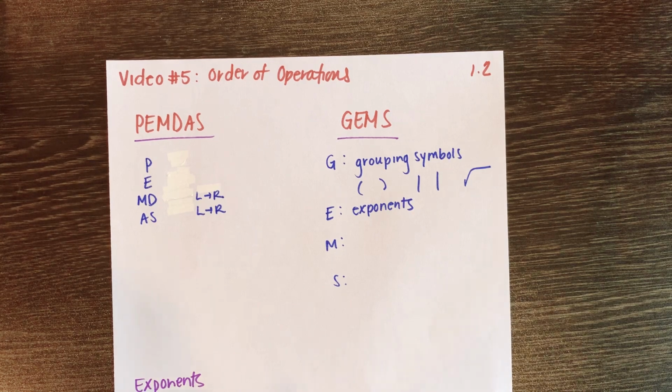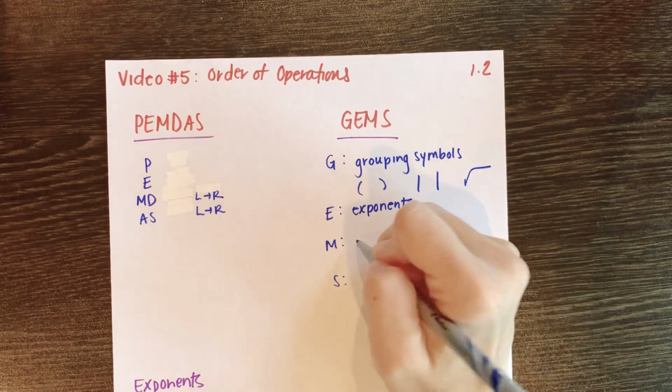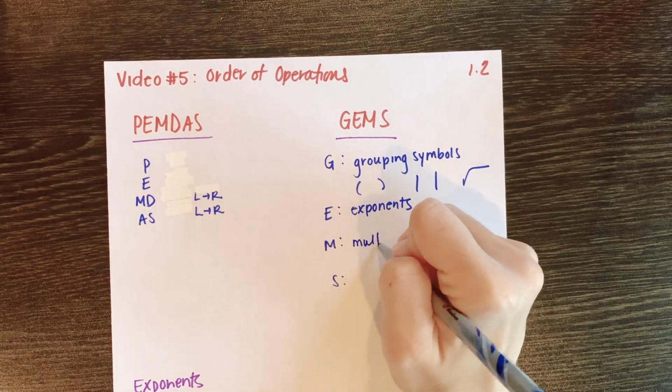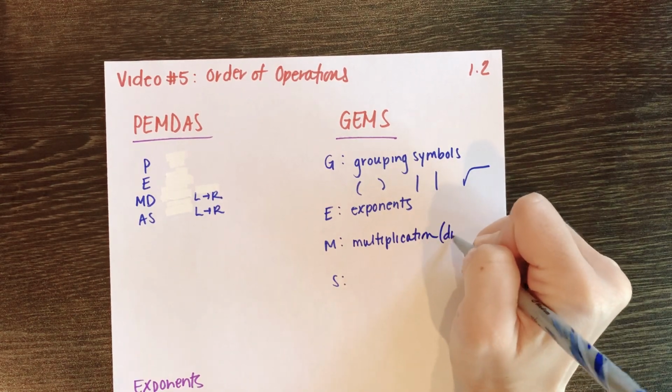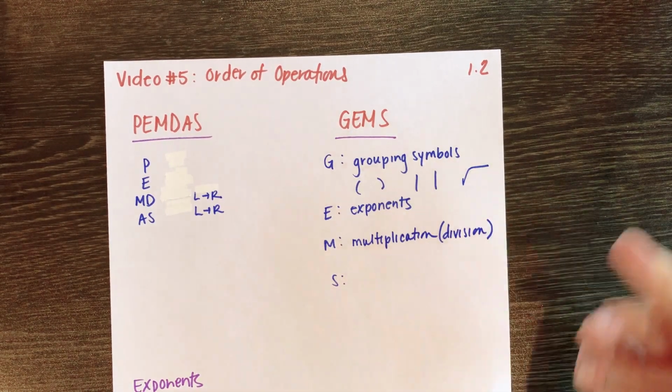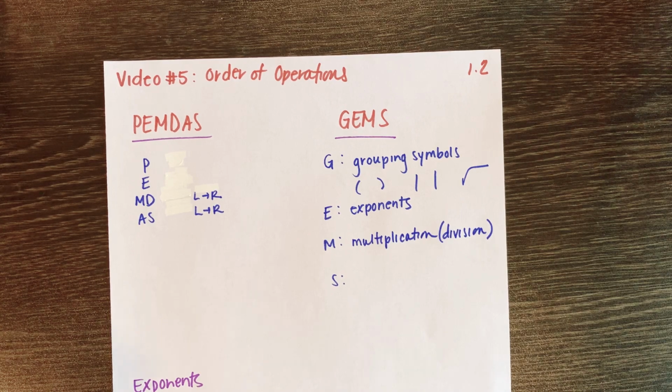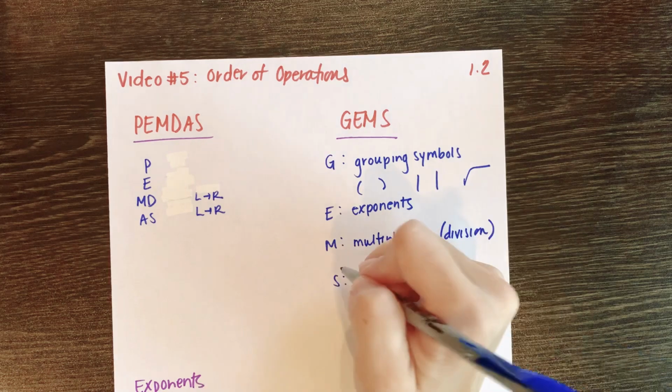So I shouldn't really be thinking about multiplication and division as 2 different things. So if I just write it with an M, and again, that includes division, but if I see that as one entity, then I will probably be more likely to just work left to right.